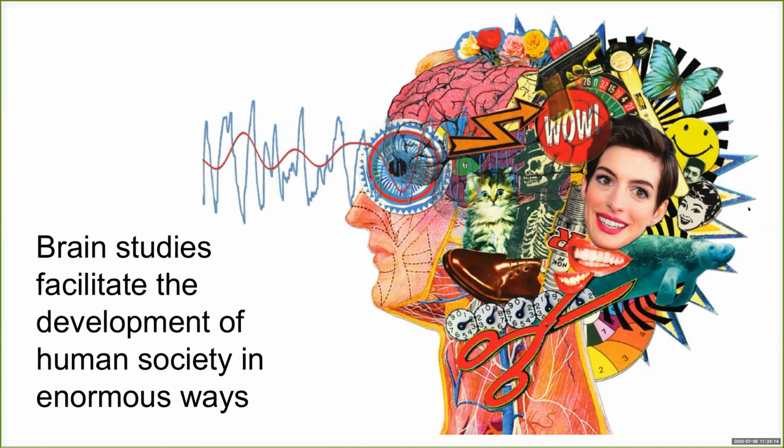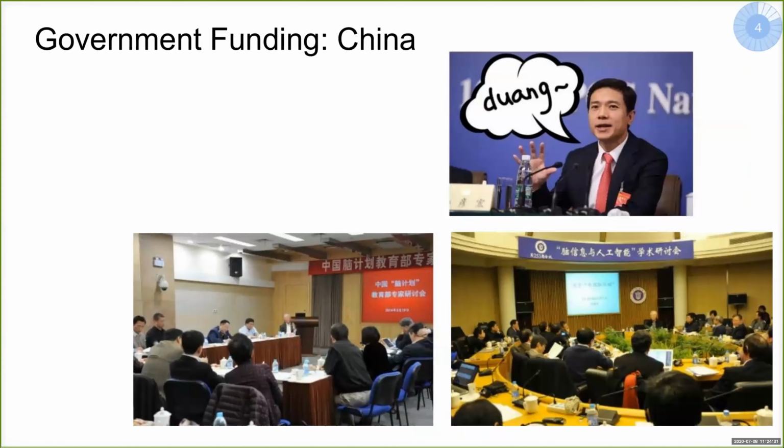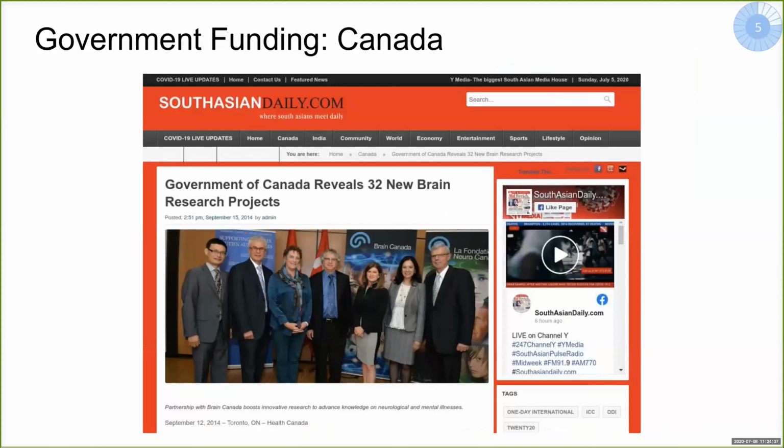Understanding the human brain is one of the greatest challenges of our century. Governments are investing a lot of money to understand how the brain works and how we can deal with mental disease. We have examples of the US government, China, where I spent 5 years studying for my PhD, and also Canada.